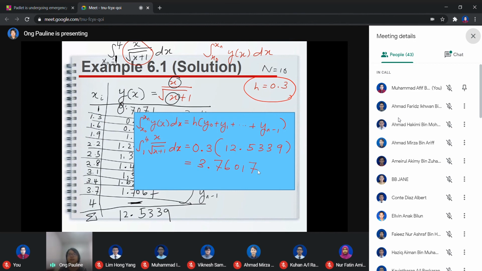So this is the answer that we obtain for the rectangular rule.